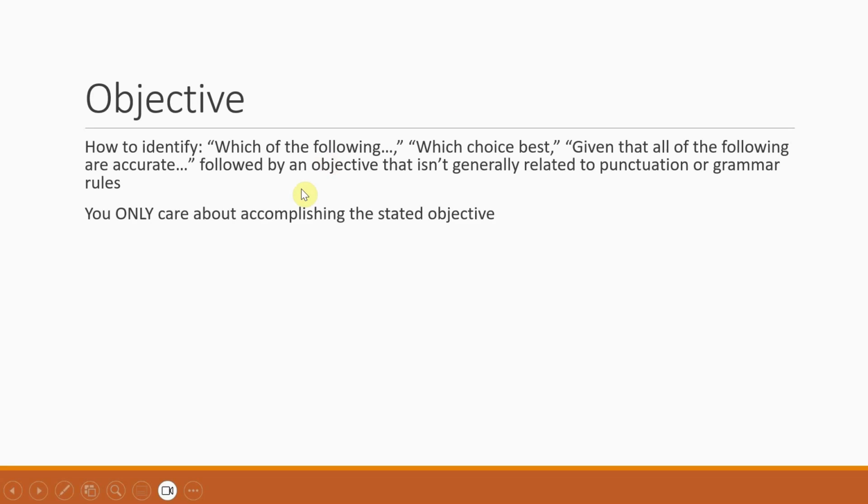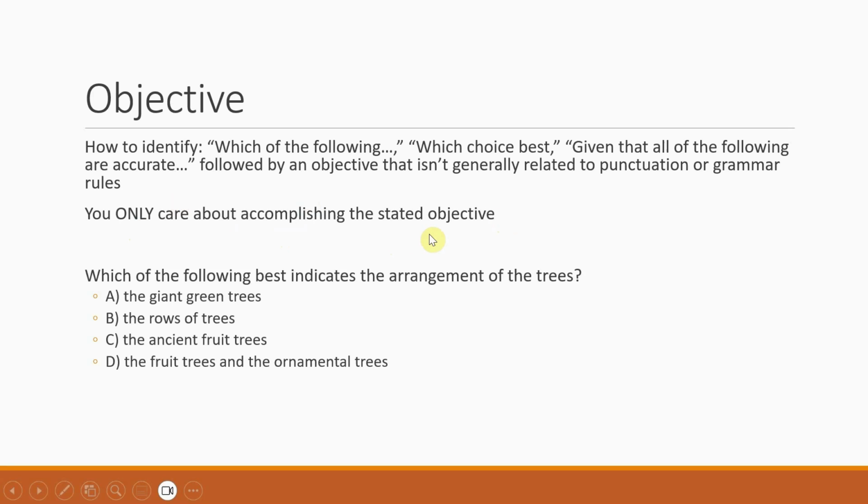So if you see something like that, just know we only care about accomplishing the stated objective. So whatever the question wants us to do, we want to do that. The good news is technically, since we have this question structure for every question, this is actually true for everything. So you can actually treat every question in the ACT like the objective type now, where you really, really want to read carefully and make sure you accomplish whatever the stated objective is.